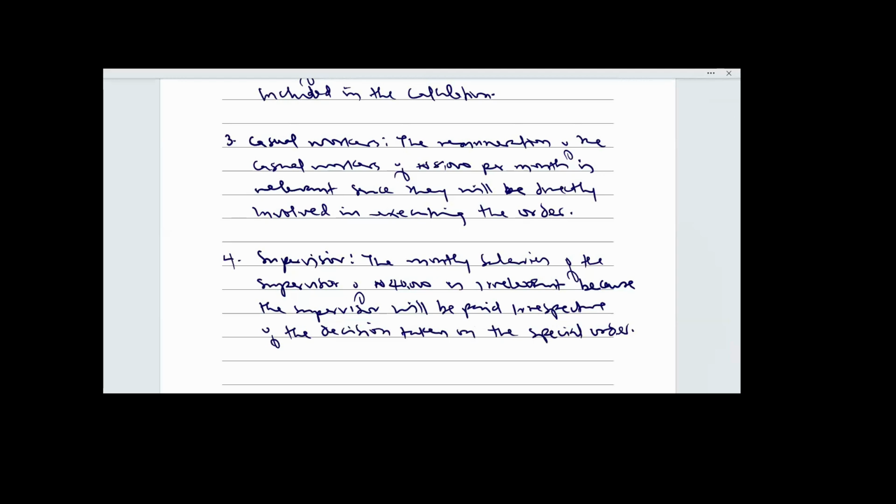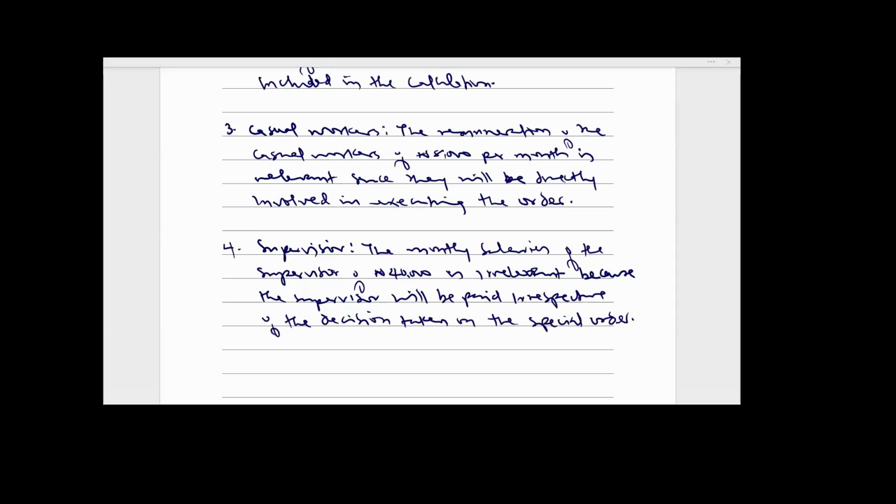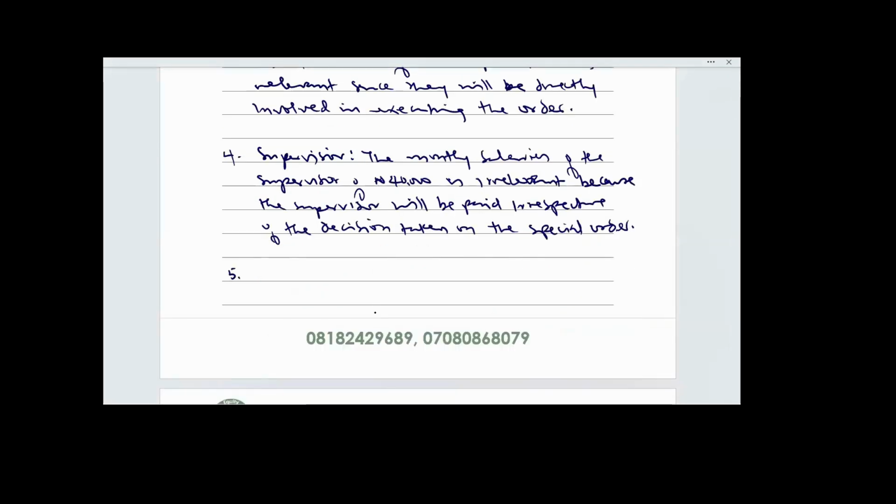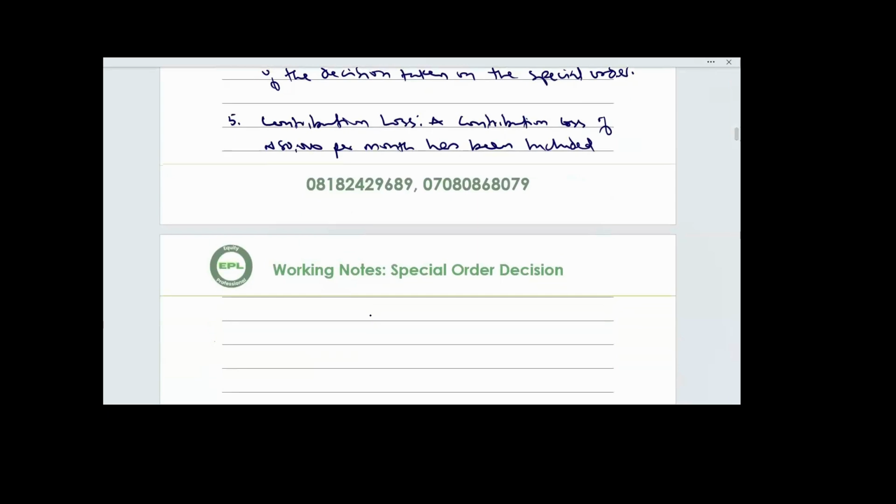What else? Still on the same paragraph, we also have contribution loss. Number 5, contribution loss. A contribution loss of 80,000 naira per month has been included in the calculation.